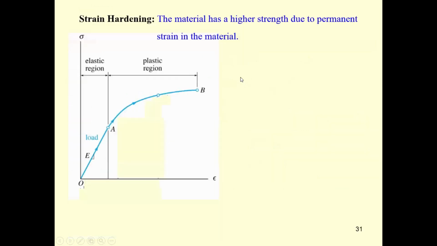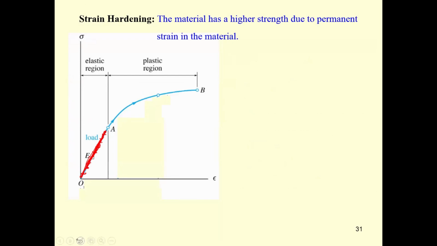And then coming to another important property, strain hardening. During the linear elastic behavior, when you load the structure and then you release it, the behavior of the material will only be in the elastic region, and that's going to behave elastically.